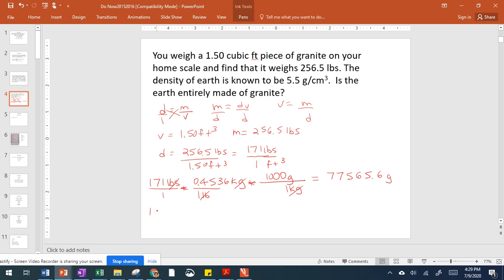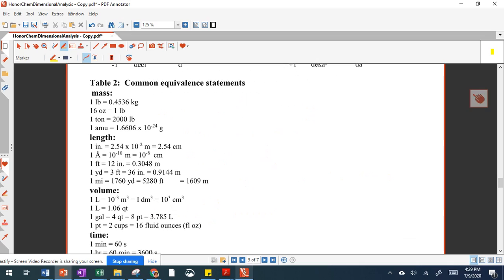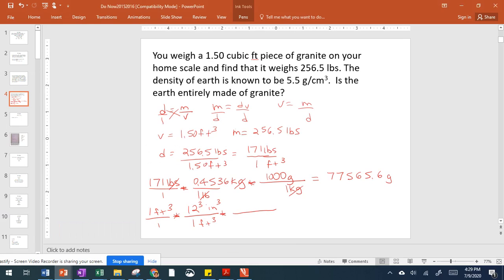Okay, now we're going to have to convert 1 foot cubed into centimeters cubed. So we have 1 foot cubed, and we're going to first convert this into inches cubed. Remember, we have to cube the 12 and the inches cubed. And then we're going to have to look at our sheet again. And we see that 1 inch is 2.54 centimeters.